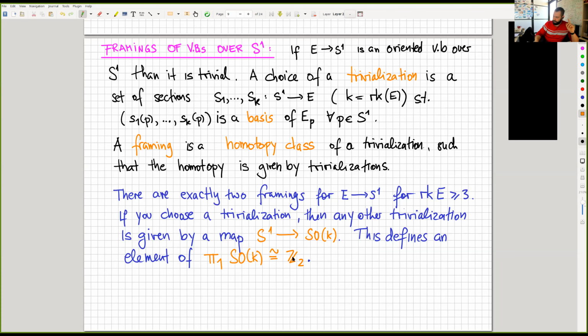So if you like, in a more modern language, the set of framings is a torsor over pi1 SOK. This is, I think, a modern way to say it, right? So this is somehow an affine space over pi1 SOK. If you fix one trivialization, every other is determined by this one here. And it's always important to know that these things are only to be unique up to homotopy, right? Because the framing is a homotopy class of trivializations.